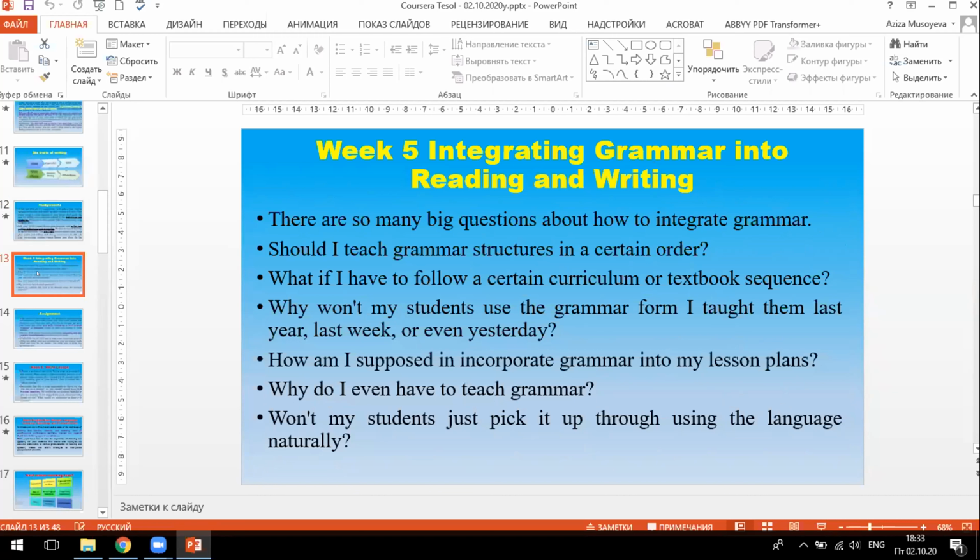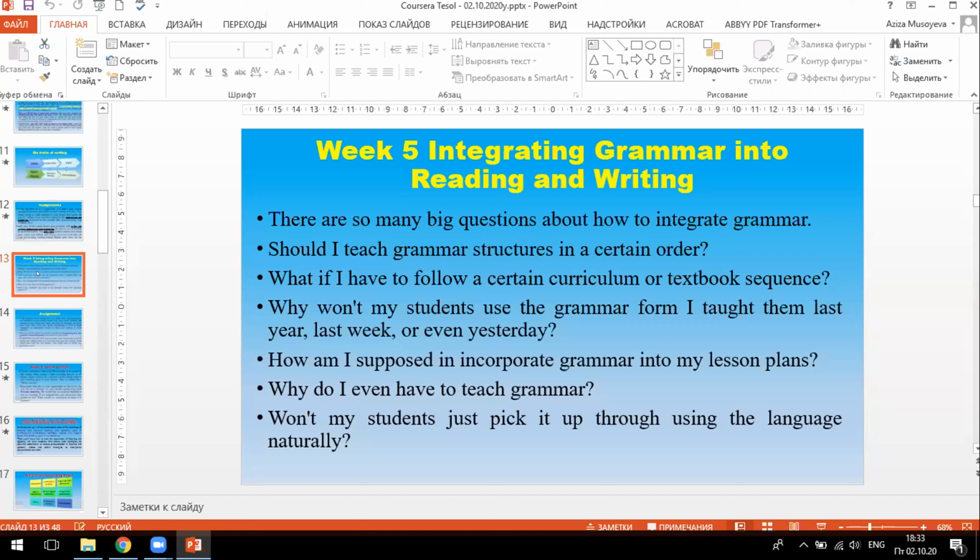Or what if I have to follow a certain curriculum or textbook sequence? Should I bring something new that is not in the curriculum, or should I just keep strictly with the curriculum? Or why won't my students use the grammar form I taught them last year, last week, or even yesterday?